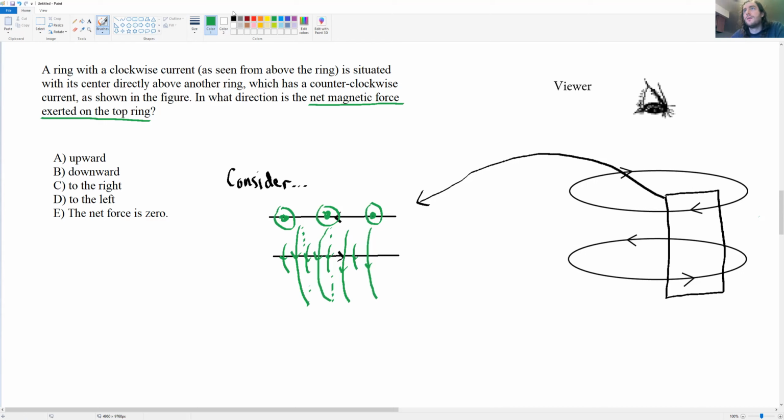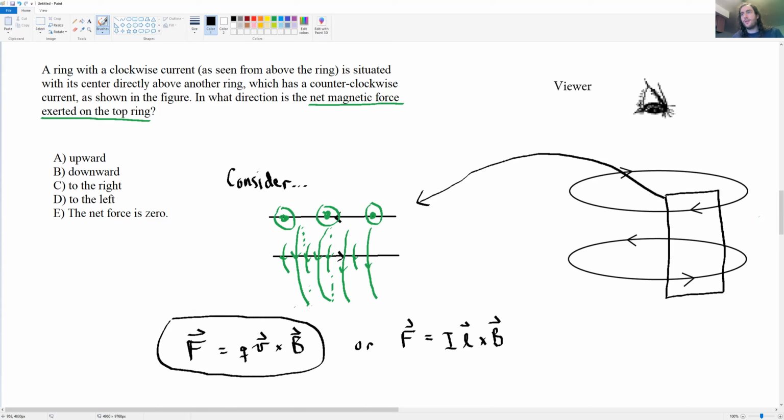So if you want the force direction as a vector, you can look at QV cross B, or the force on a current carrying wire, IL cross B. It's a little bit easier to think about this formula here. So let's think about this formula.